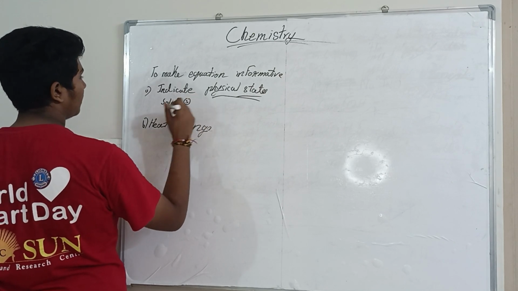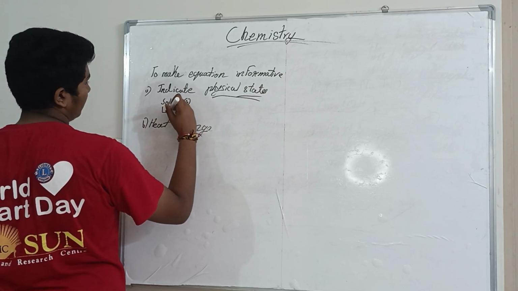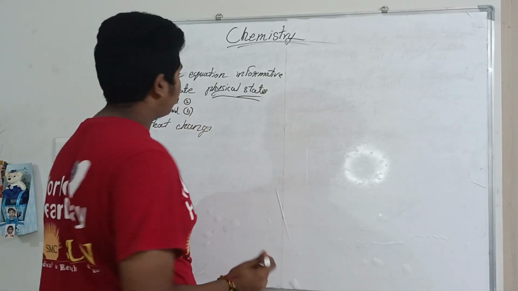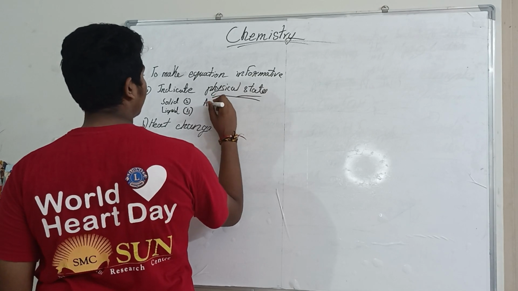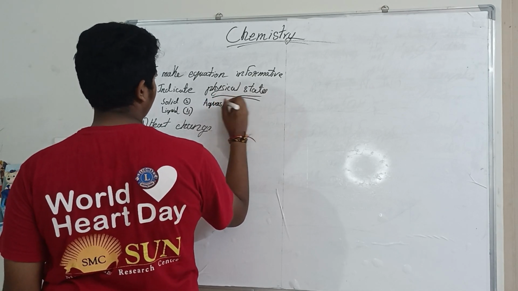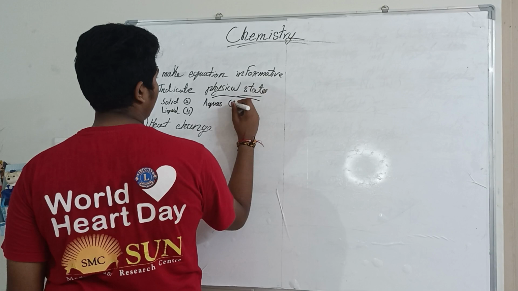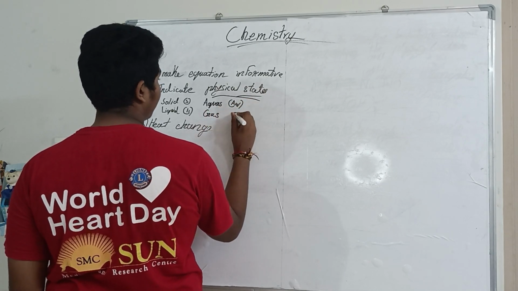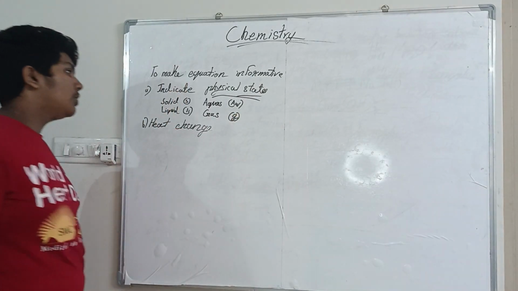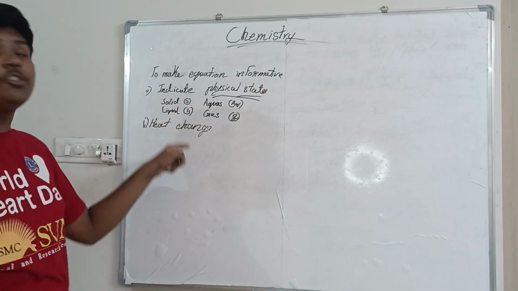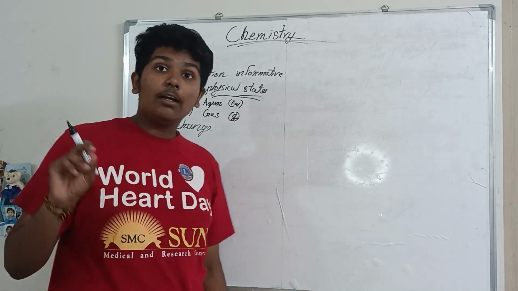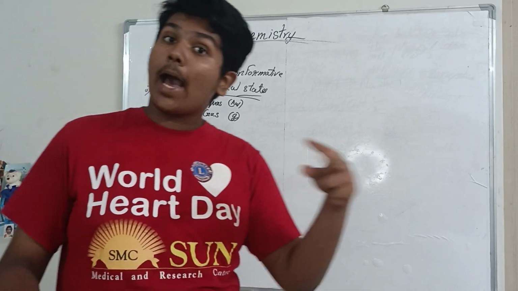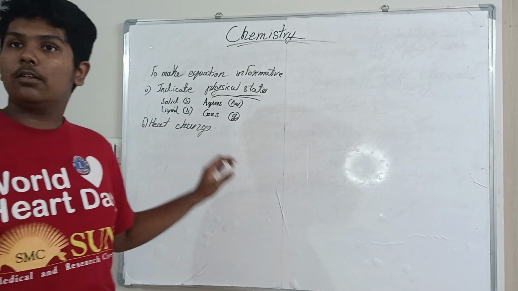Liquid stands for L. Then aqueous solution, aqueous is AQ, and gas is G. So these are the four states you have to memorize for writing a balanced chemical equation. Without these states, when they ask a question where you have to balance an equation, if you don't write these states, you won't get the marks.